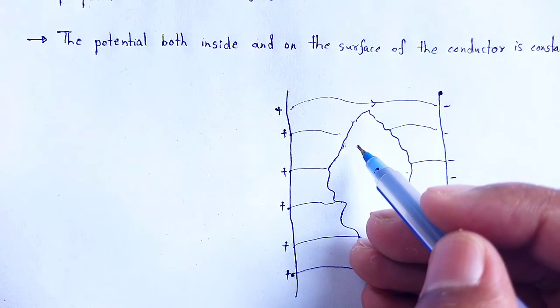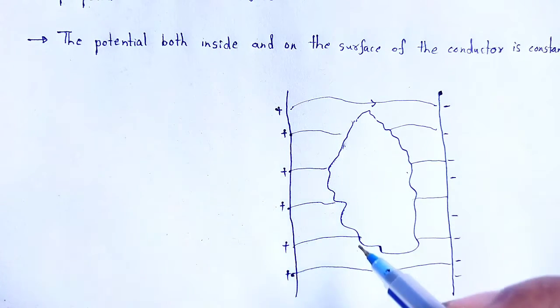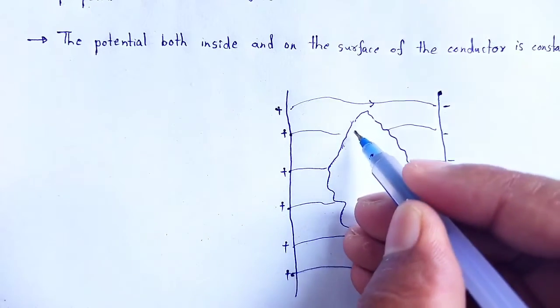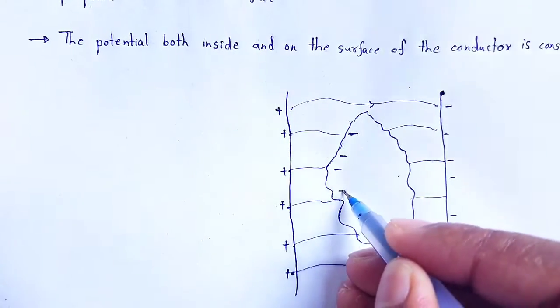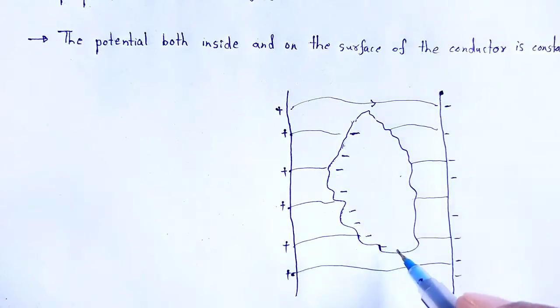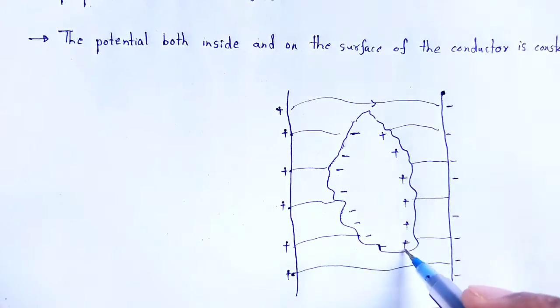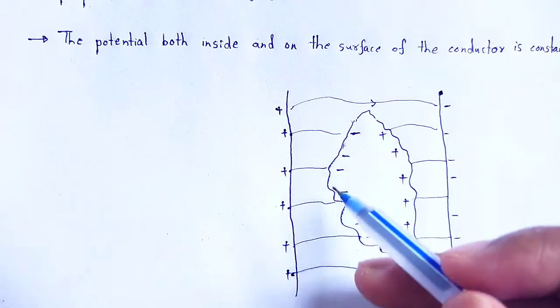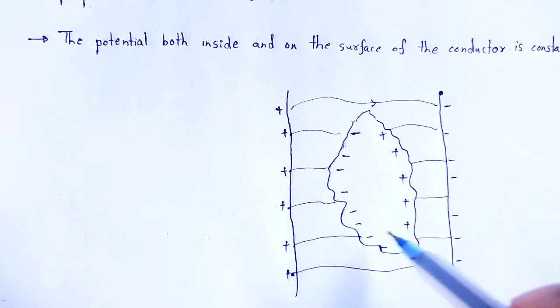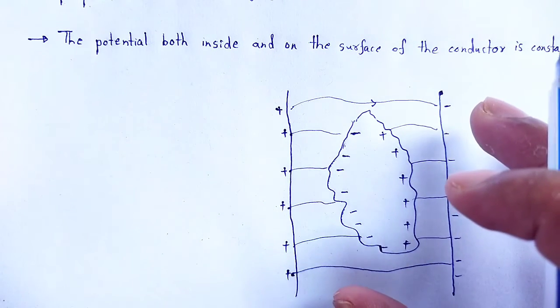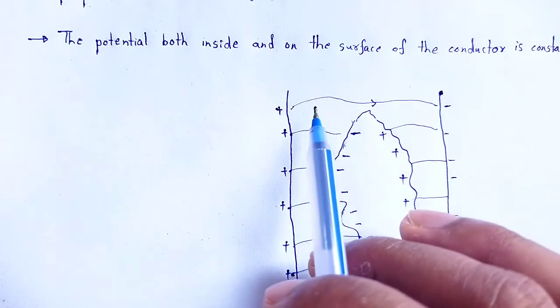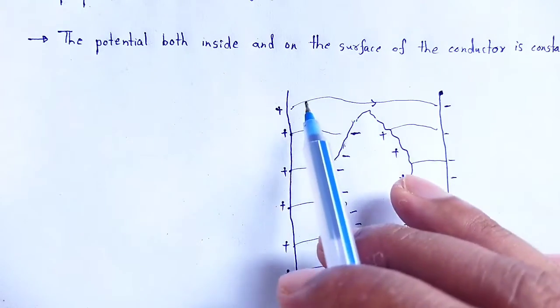Here the redistribution of charges takes place on the surface of the conductor like this. Negative charges are here and the positive charges are there. The charges are redistributed on the surface of the conductor as long as we apply an external electric field from positive to negative.